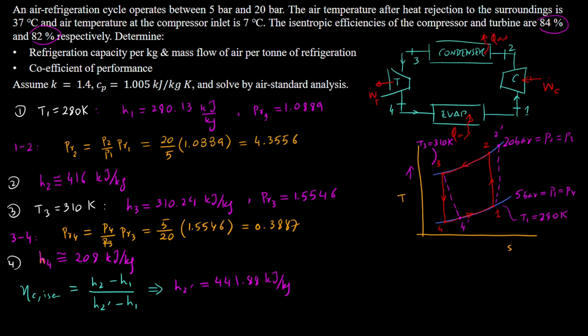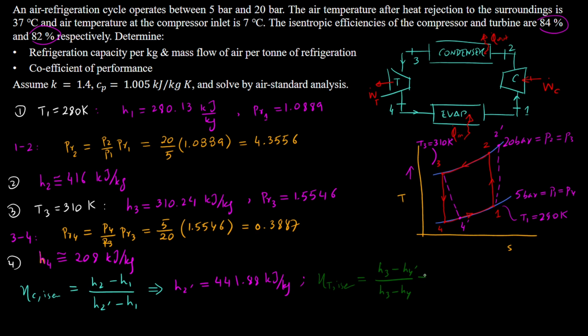And just like that, we can go ahead and write down the isentropic efficiency for the turbine. For the turbine, it's the other way around. It's going to be H3 minus H4 dash by H3 minus H4, because the turbine is operating between state 3 and 4.